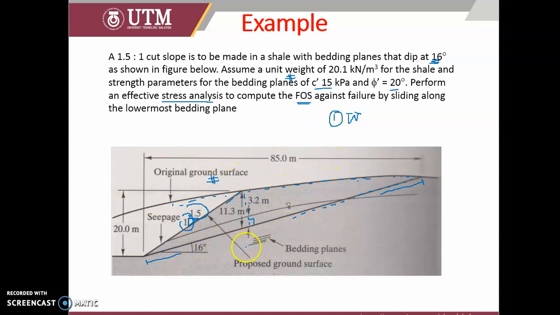It is not given, only 85 is given. But they give you the height, so it's okay. Once you know the weight and length, you can solve for the FOS.